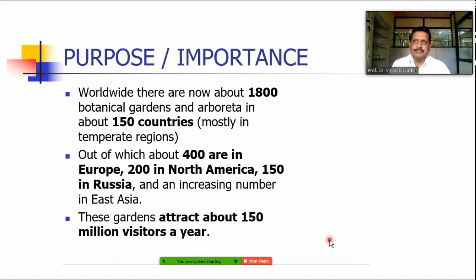Out of these, there are about 400 in Europe, 200 in North America, and around 150 in Russia. Because of the plain lands and possibilities for plantations, they have been more developed in those areas, but now there is an increasing number in East Asia, like India and other countries. These gardens attract about 150 million visitors a year.